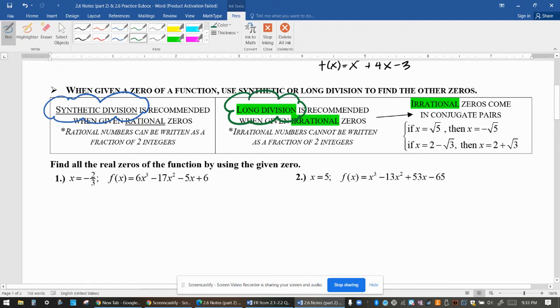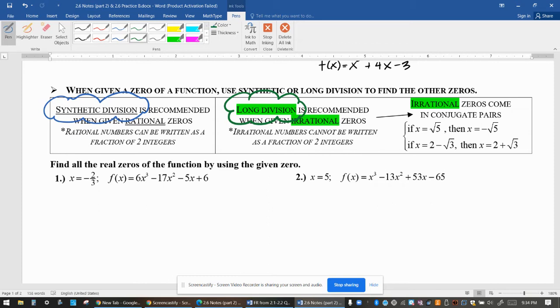Now, the best way to remember: irrational numbers cannot be written as fractions, but they're numbers like pi or the square root of 7, right? 7 isn't a perfect square. So if you are given an irrational zero, you're going to use long division.